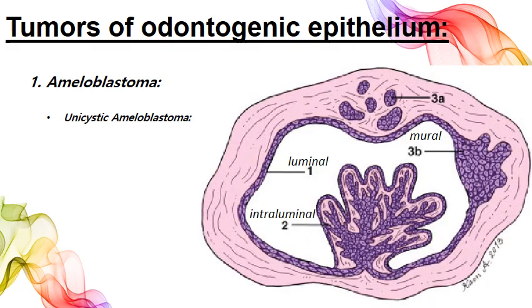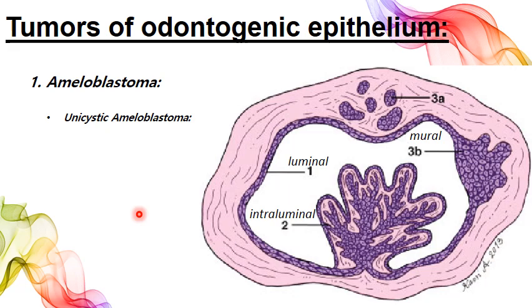The unicystic ameloblastomas have 3 histological variants. These variants have an importance in choosing the proper treatment, and in the prognosis of the case.